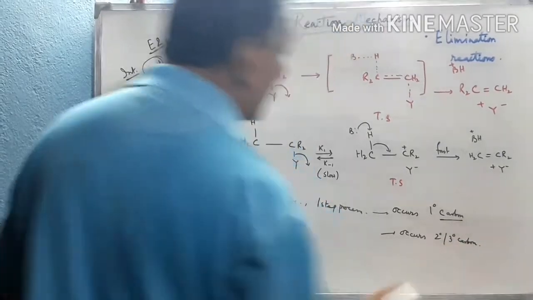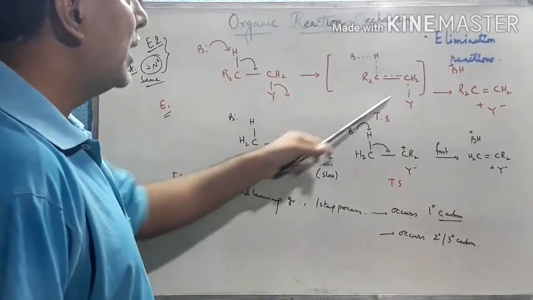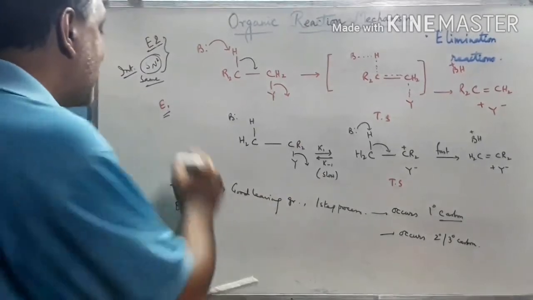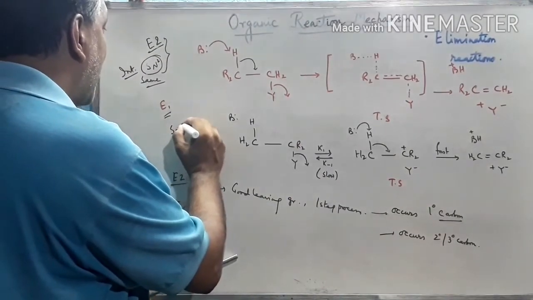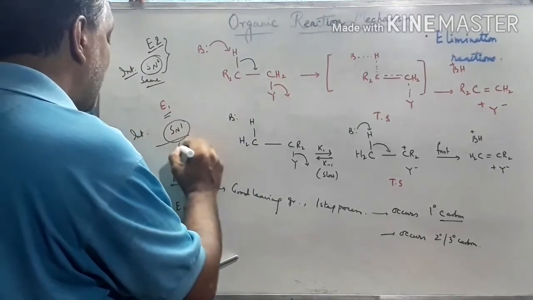With the increase of bulkiness, the transition state becomes more energized, hence less stable, and that's why it shows a separate mechanism just like the SN1 type mechanism, and the intermediate of these two is the same.